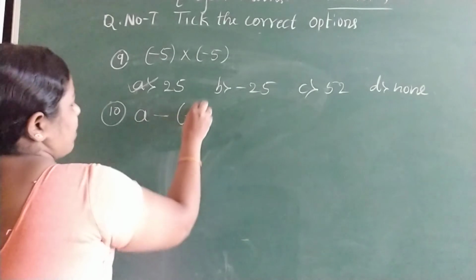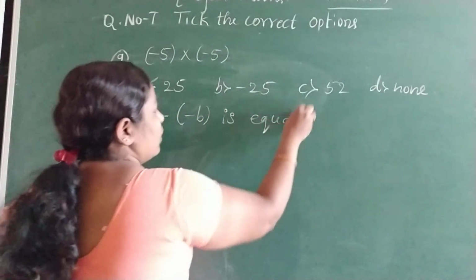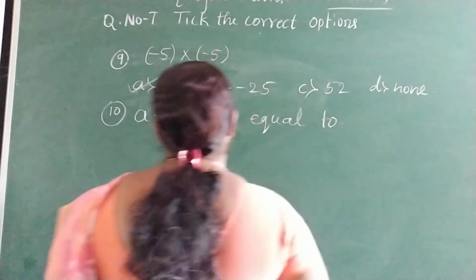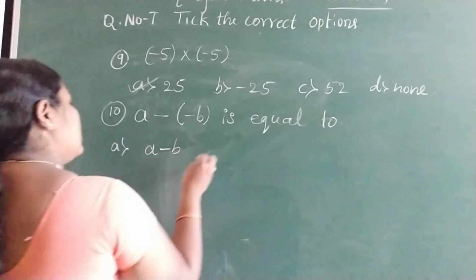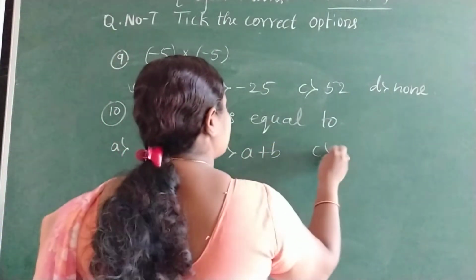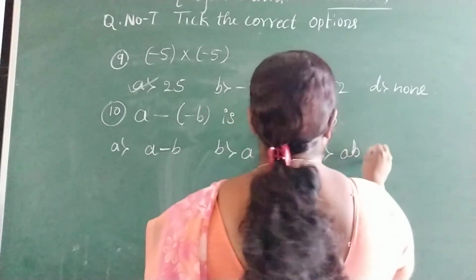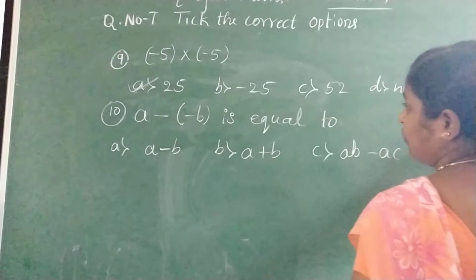Next one. A into minus B is equal to. Option A, A minus B; B, A plus B; C, AB minus AC; D, AB.